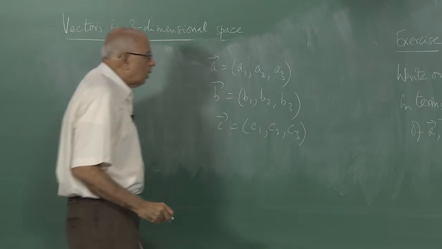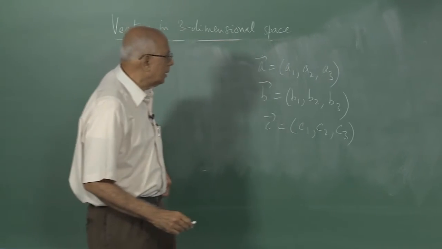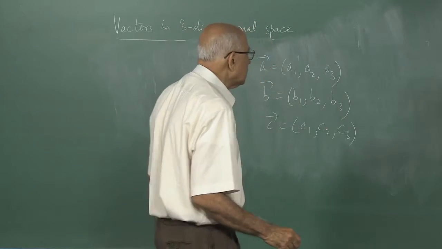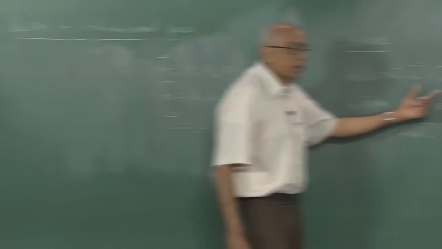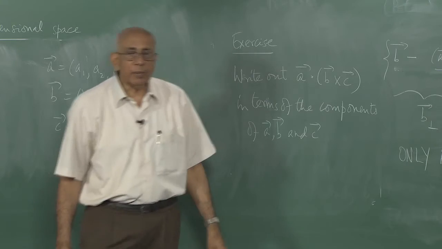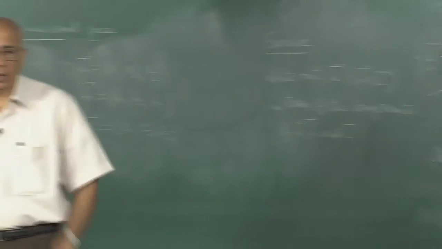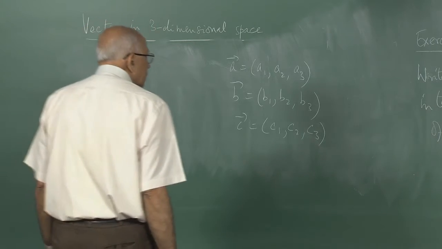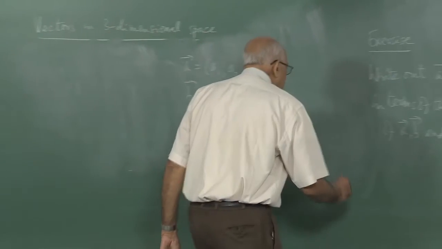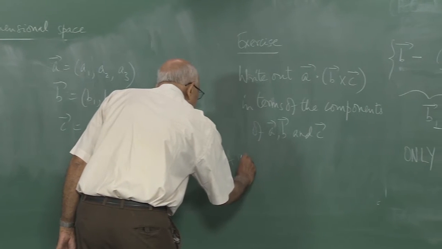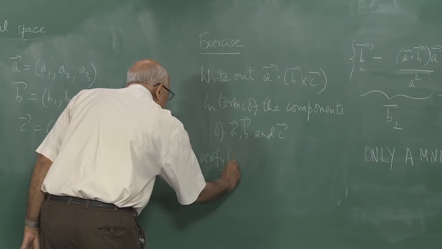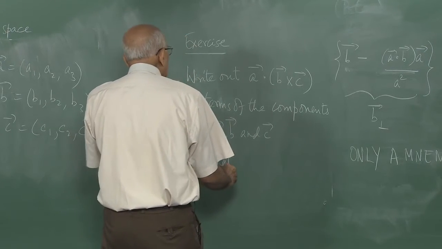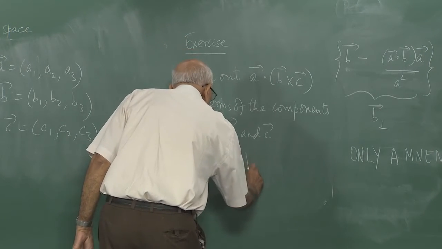These are the Cartesian components of any 3 vectors A, B, C. In general, take it to be non-planar in some arbitrary directions in space, and then write this combination out in terms of A, B and C. Write down what the volume of this parallelepiped is, okay, and verify the volume. So let us call it the volume of this parallelepiped.